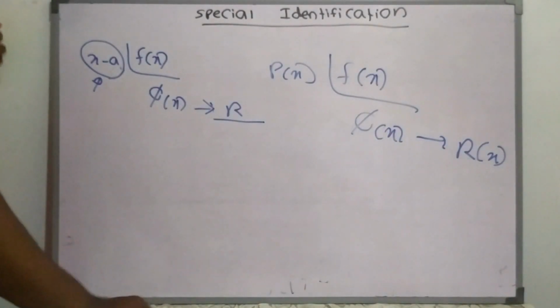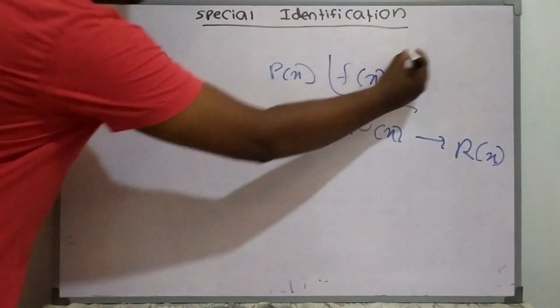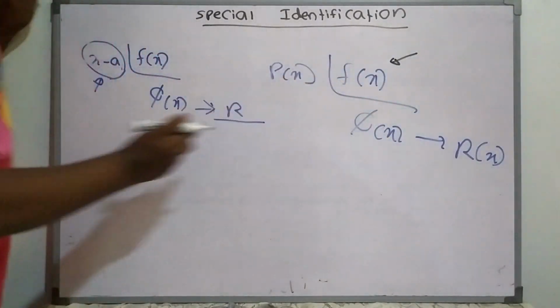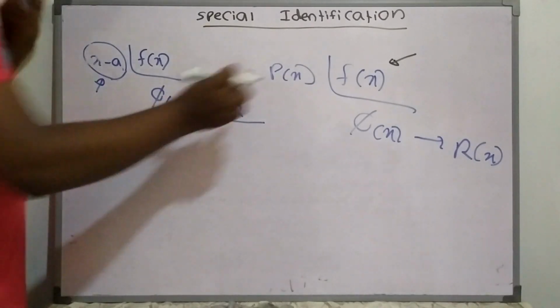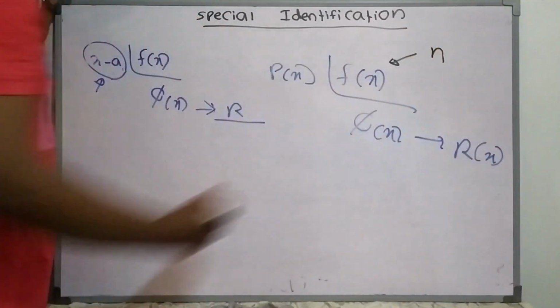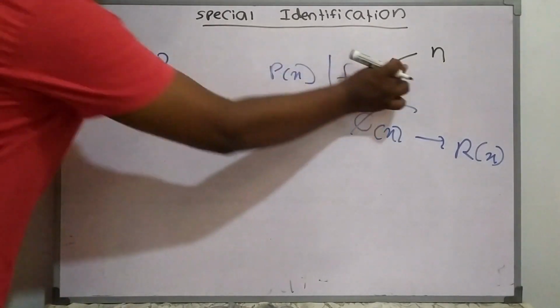So what is happening here? Assume the order of the function is n, meaning the largest power is n.